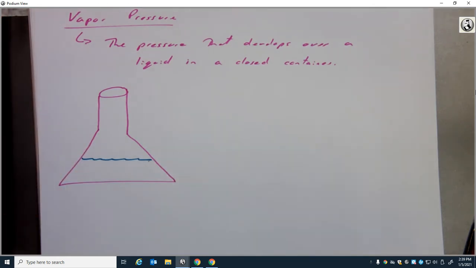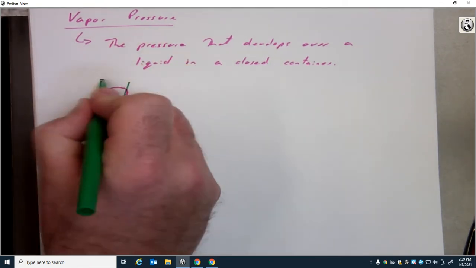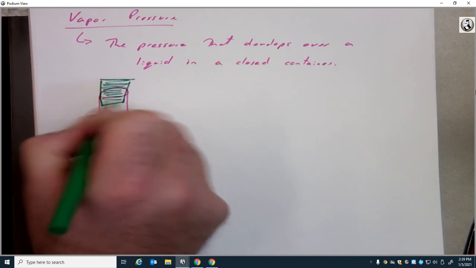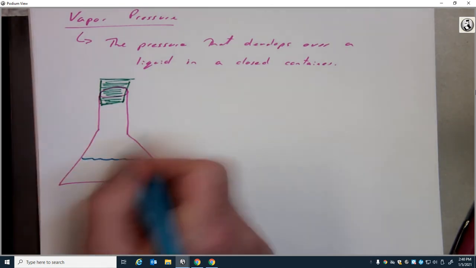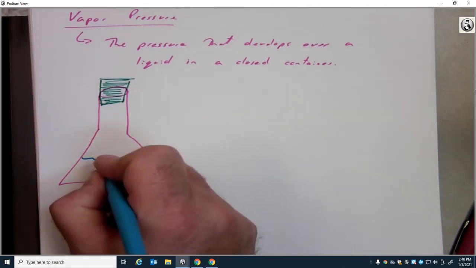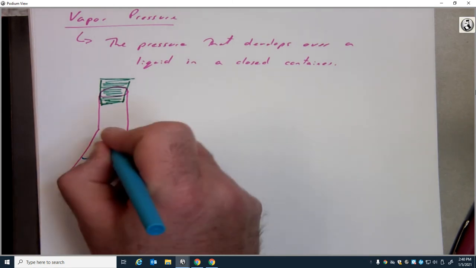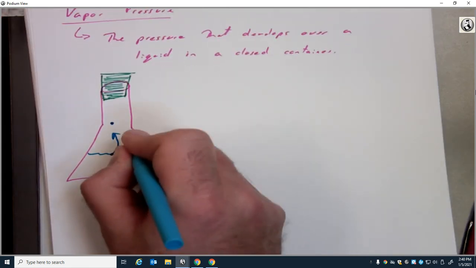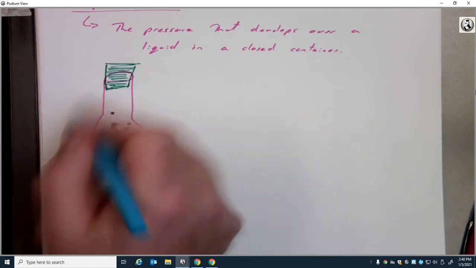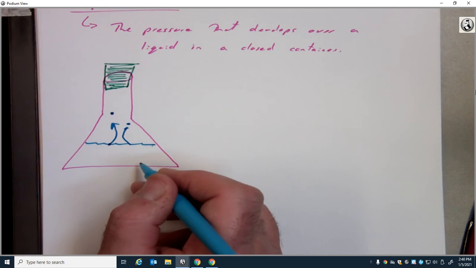But what happens if we seal this off with a cork, so that now the gas can't escape? Well, evaporation still occurs. One of these particles has enough kinetic energy to break away from the surface and become a gas. And another one will break away from the surface and become a gas. Now, if we let this go over time, what do we see happen?